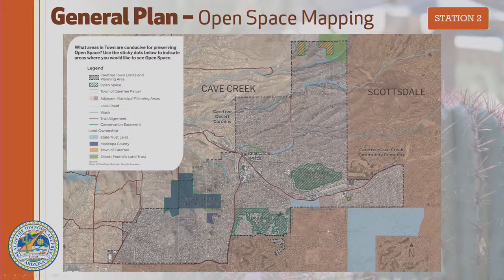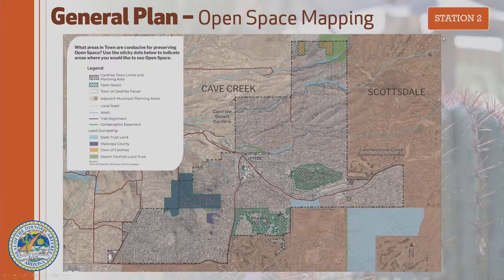So as everyone knows, we have the state land, the 48-acre piece here. Up to the north limits of town, we have two parcels here that are owned by the Town of Carefree. And we also have a larger parcel here that is owned or managed by the Desert Foothills Land Trust.